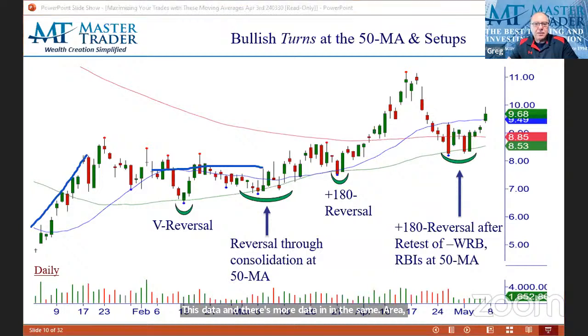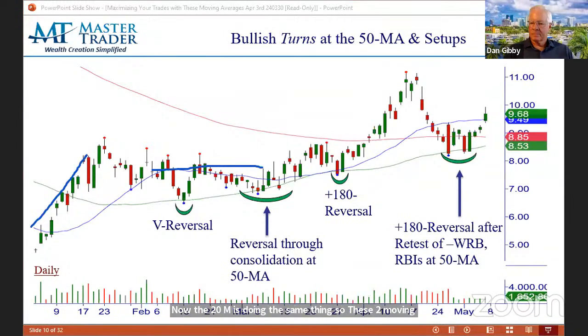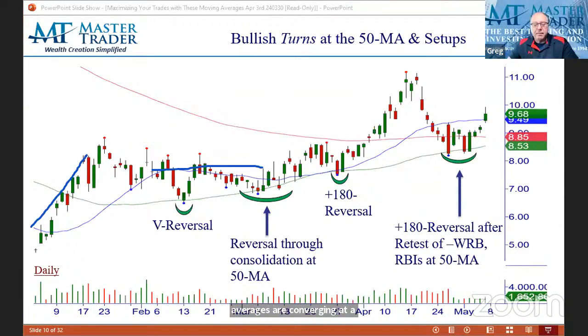Now the 20 MA is doing the same thing. So these two moving averages are converging at a certain point where over time, all of averaging out, the closing prices are coming together in this area. Okay, fine. That doesn't mean you do anything.